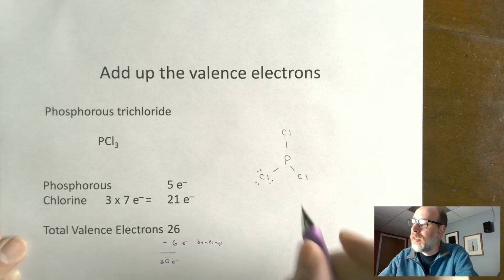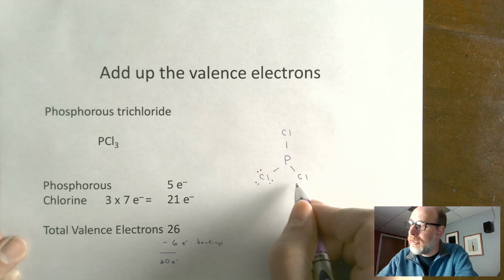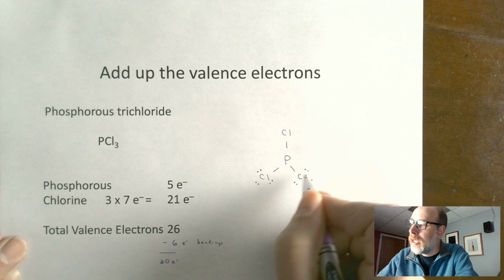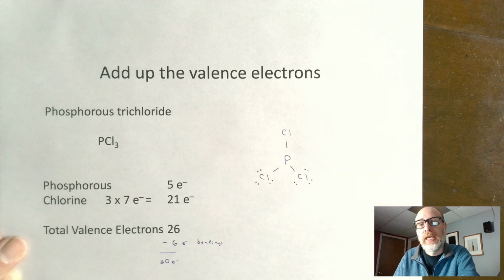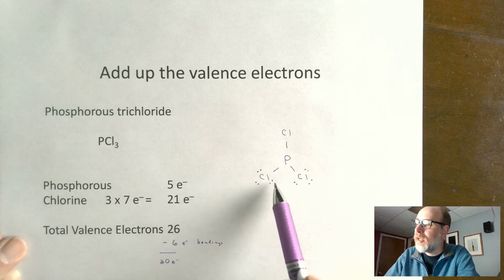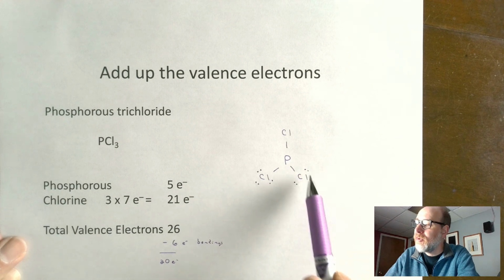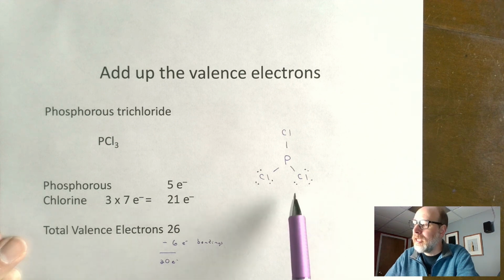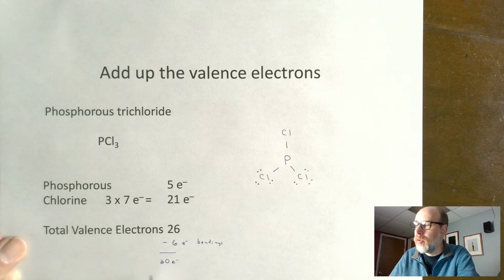This chlorine has 2 electrons. It needs 2, 4, 6 to go along with those 2 to give it 8 total. So this chlorine has 2, 4, 6, 8. This chlorine has 2, 4, 6, 8. Now, at this point, it's a good time to start thinking about how many electrons total I have.